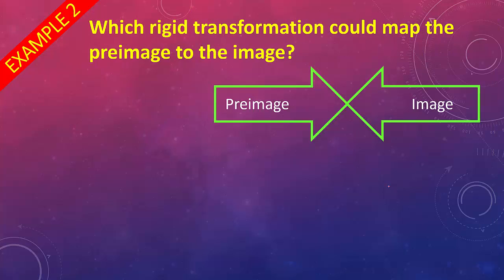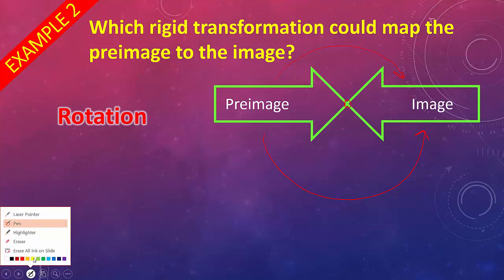Second example. So which rigid transformation could map the pre-image to the image? Now, we have a couple of different options here. So if we looked, and this is our pre-image and this is our image, they're congruent figures. I could say, well, it's been rotated, so I could say I've actually spun it, so 180 degrees clockwise or counterclockwise. I could go either direction, and that about this point right here, and that would give me the same image.